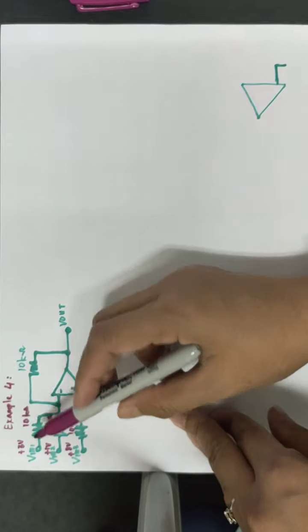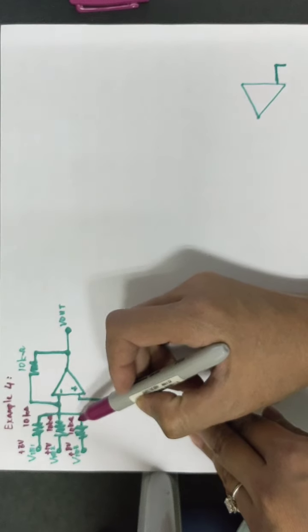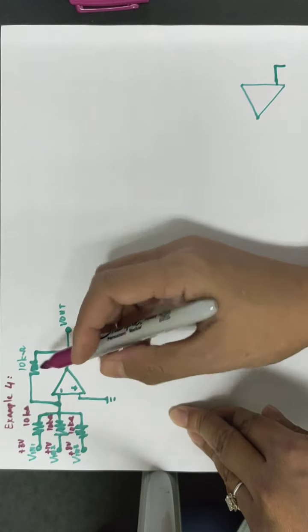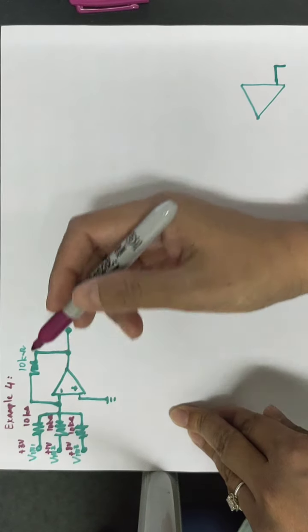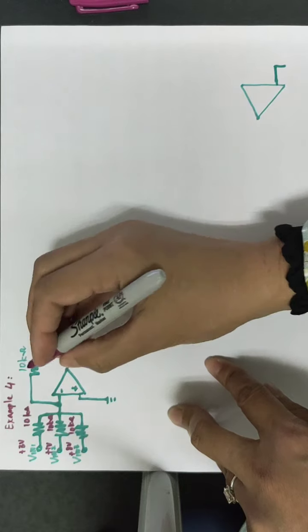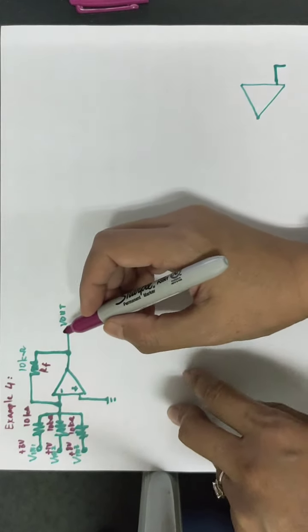If you can see here, there are 3 resistors in parallel coming in at the inverting input. This is RF, the feedback resistor.